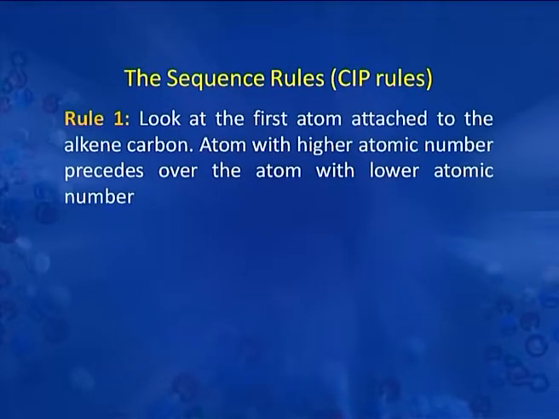The first rule for assigning the priorities to groups is that we look at the atoms which are attached to the alkene carbon, and the atom with higher atomic number gets the higher priority. That is, we say it precedes the atom with lower atomic number.